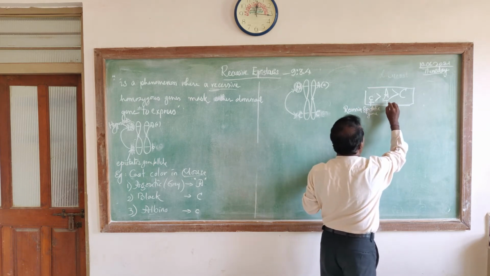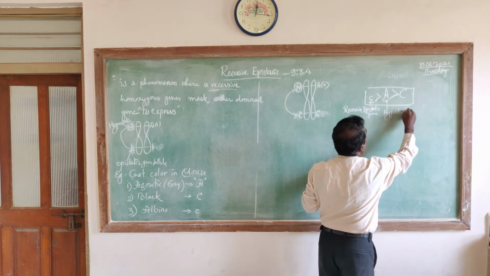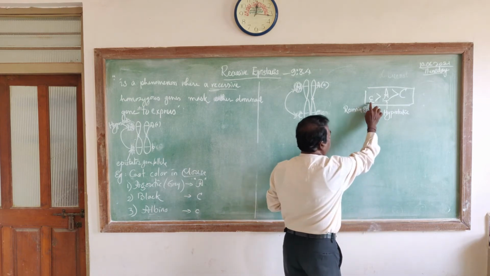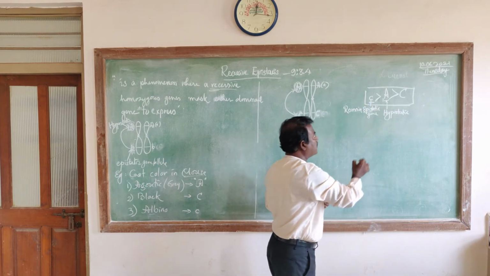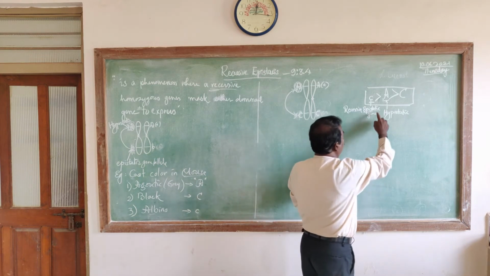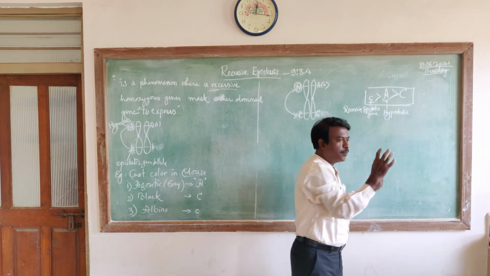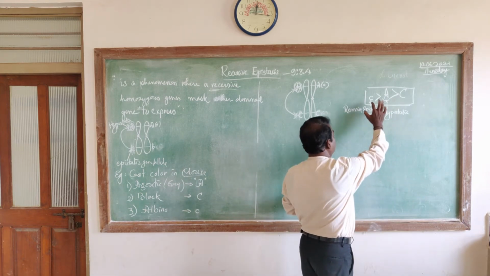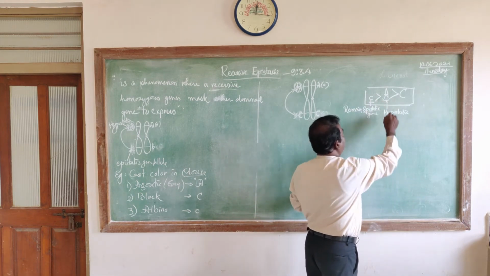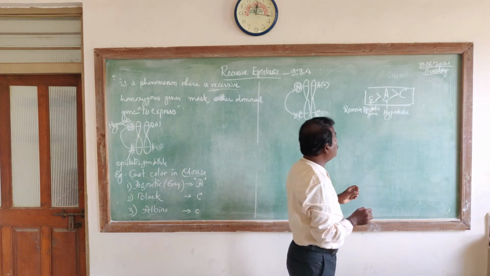Hypostatic. Hypostatic means small c as a recessive gene can act as epistatic gene to the locus of this capital A. So capital A is supposed to be masked by this recessive small c, and hence it is called as hypostatic gene.